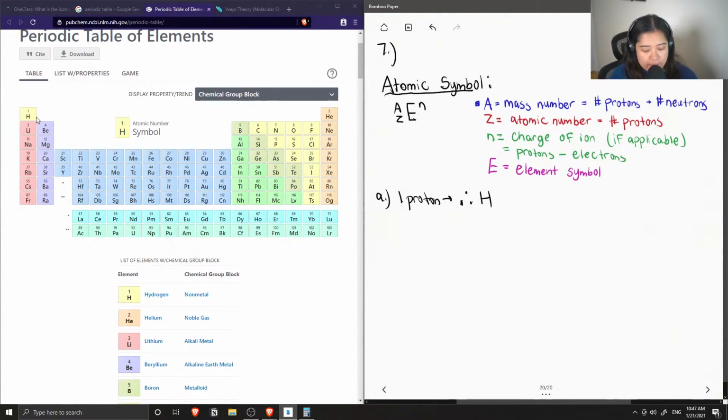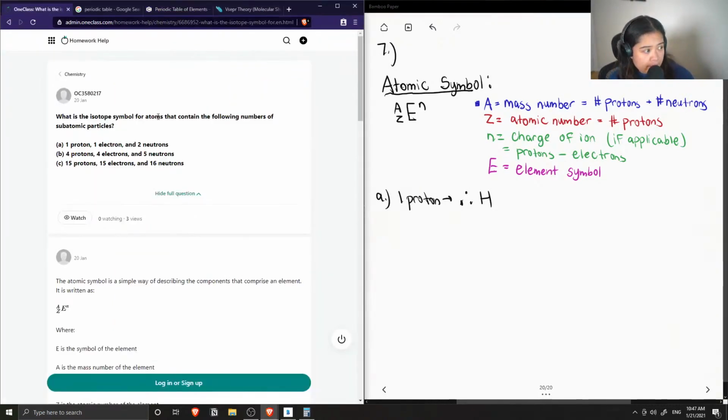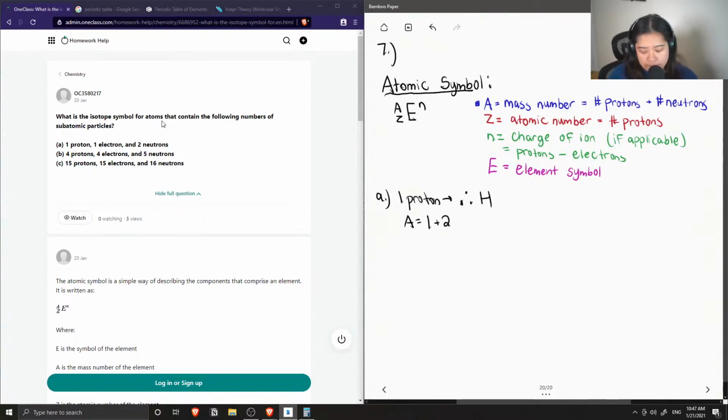And we can calculate for A now. So the mass number is equal to the number of protons plus the number of neutrons. So 1 plus 2 is equal to 3. We know that Z is just equal to 1 because we have 1 proton. And if we try to find the charge, which is the number of protons minus the number of electrons, it would just be 0.